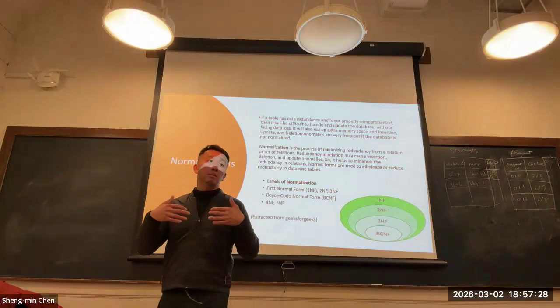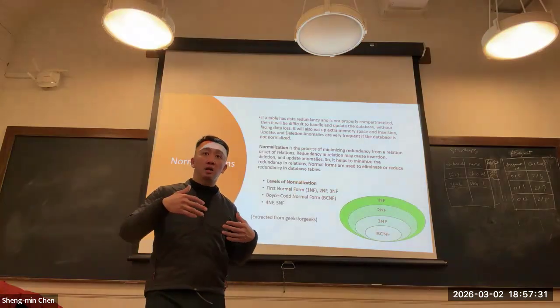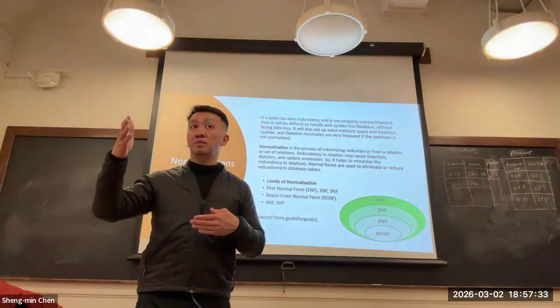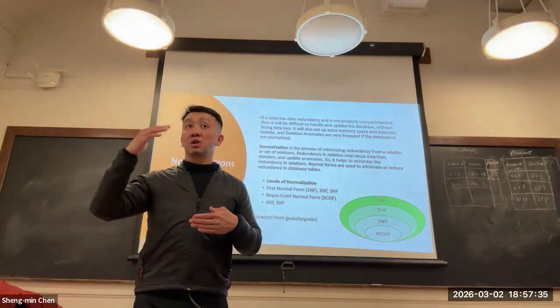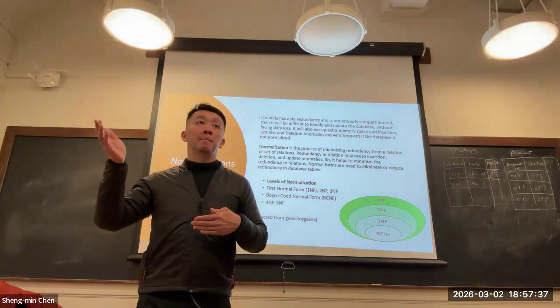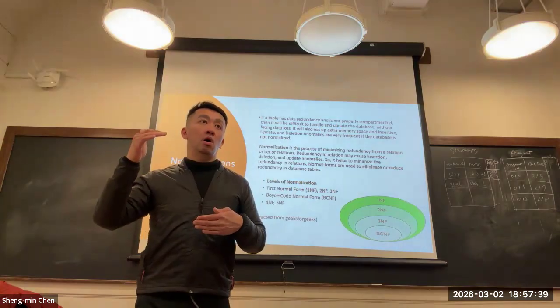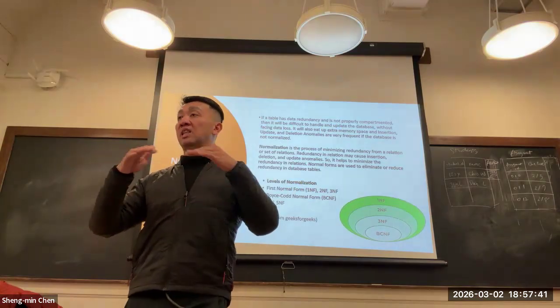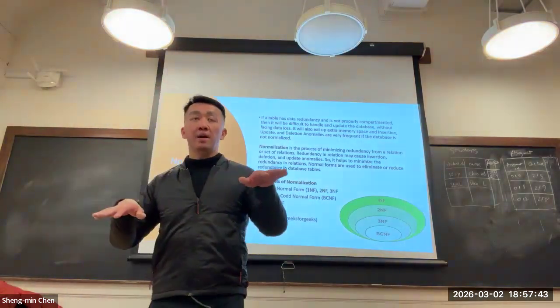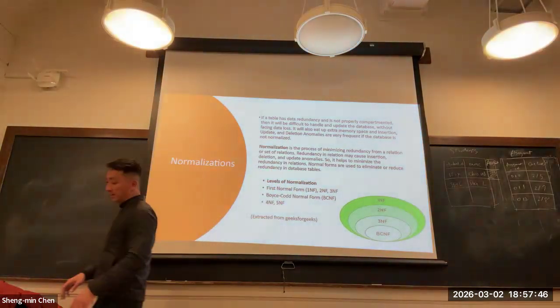We will be focusing mostly on up to second normalization form. At the end of the semester, we're going to go to 3 and 4, but your project stops at 2. Okay, now, what is the first normalization form?